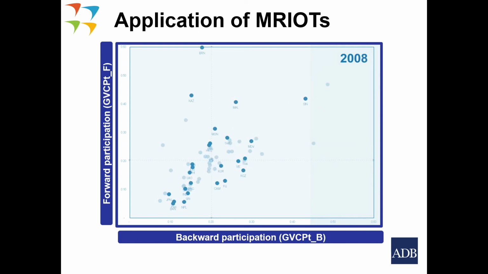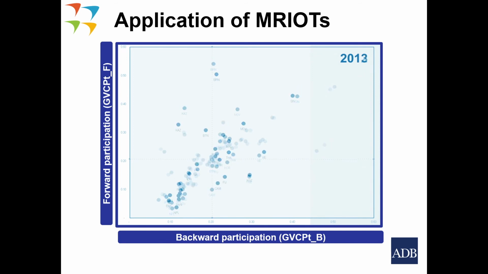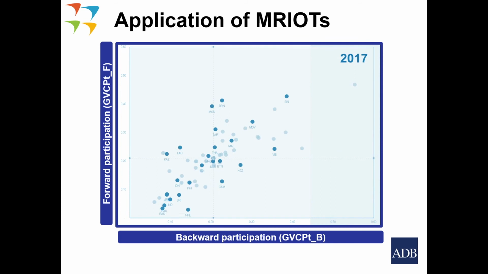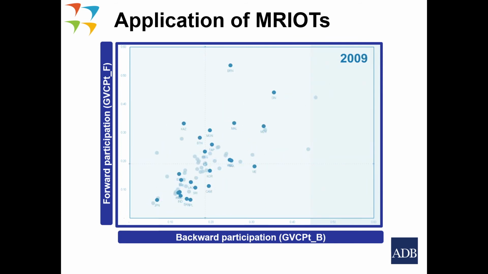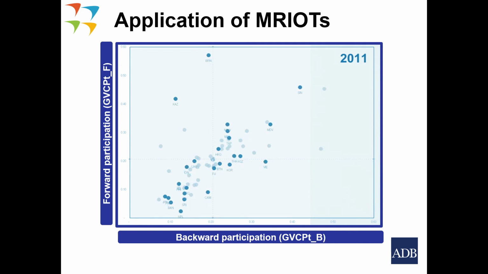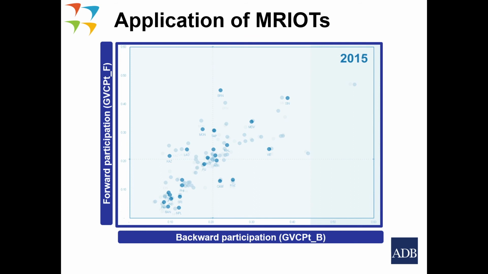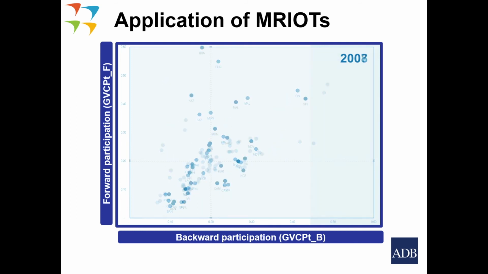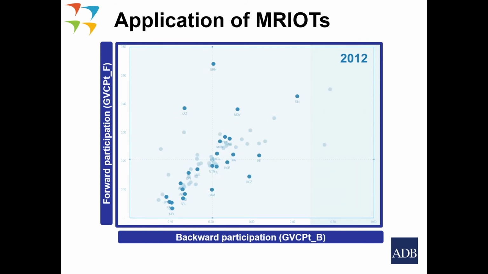MRIOTs also allow for disentangling production processes relevant to global value chains. We can decompose production activity to those only relating to GVCs and create indices that show the level of participation of a given country in the global value chain. In this slide, we plot the forward GVC participation index of selected countries against their backward GVC participation index across selected years.